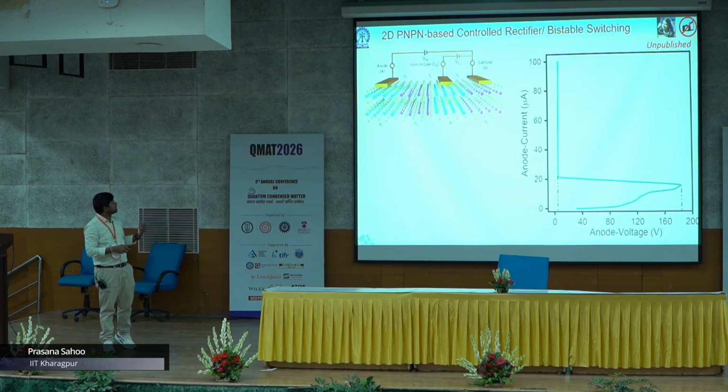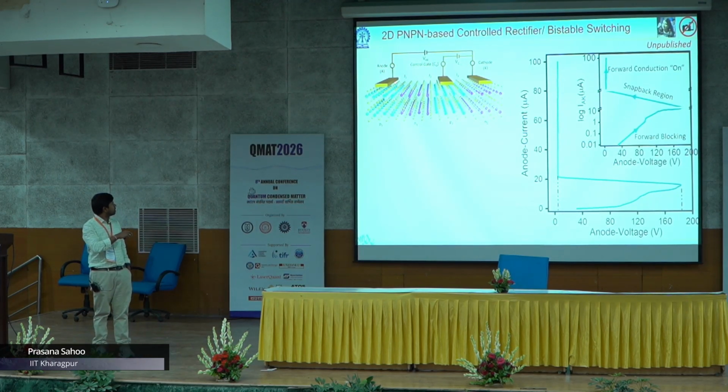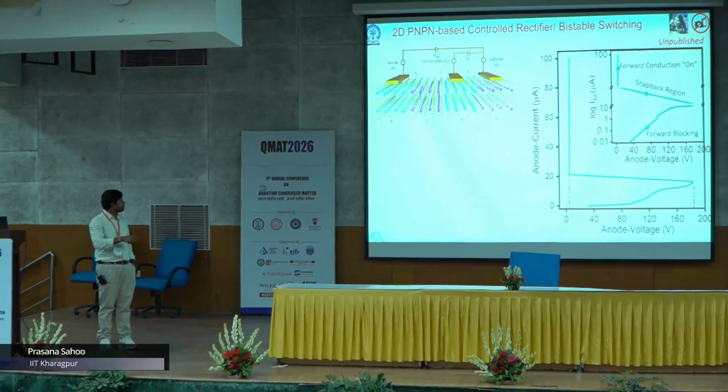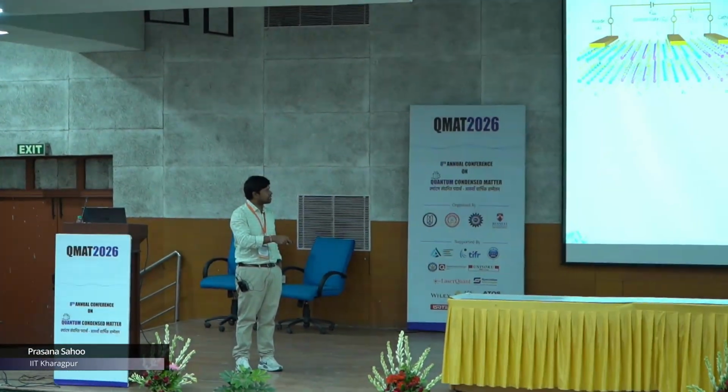In our very recent work, which we communicated, since we have NPN and PN junctions, we can create bistable switching. You can imagine a sample barely 1 nanometer thick that can block voltage up to 180 volts, which is really tremendous.